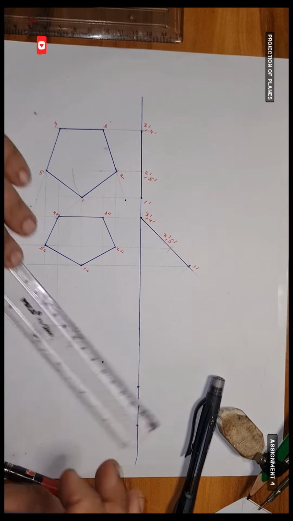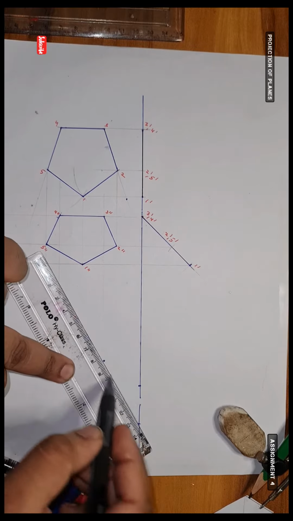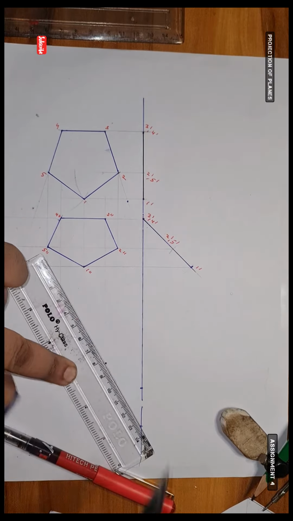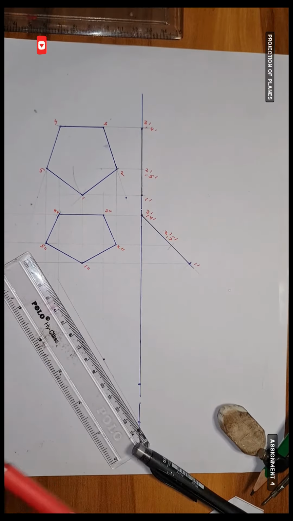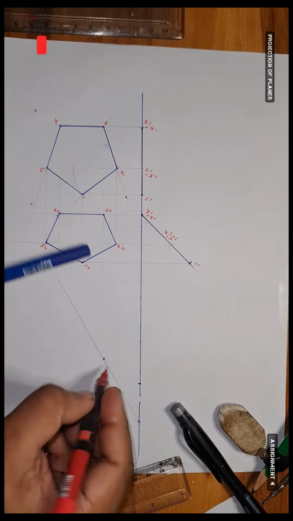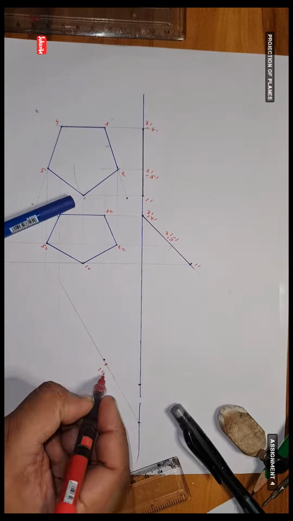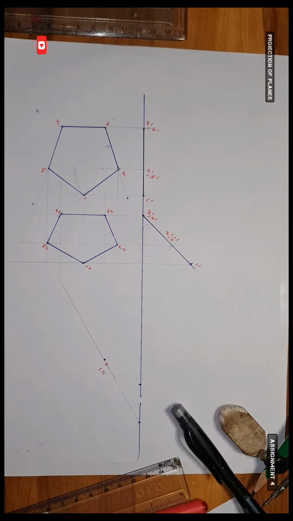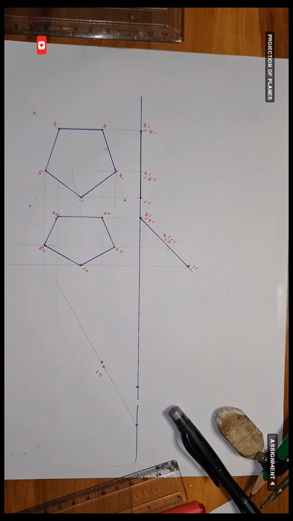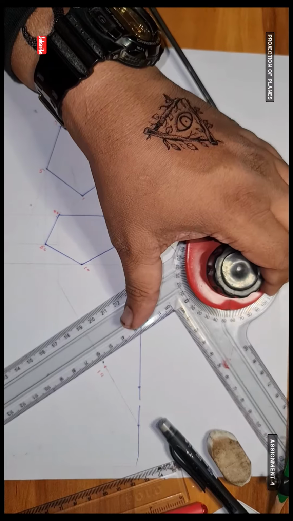Then you have to take a line over here. Take any point like this point as one double dash. Then you have to make a perpendicular over this one double dash.